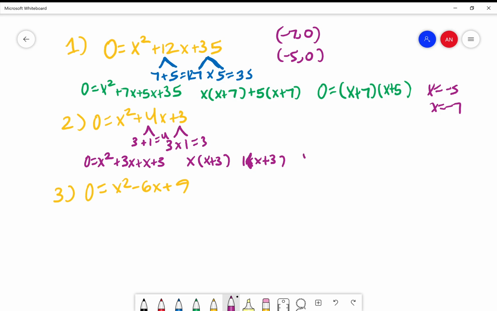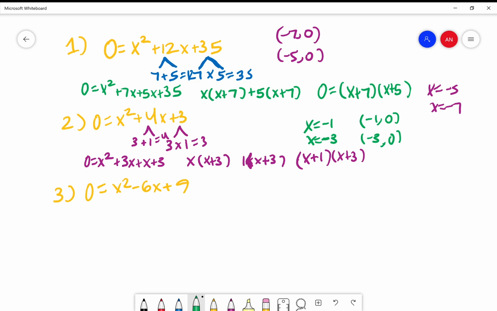Final equation is x plus 1 times x plus 3. Using algebra, we get x is equal to minus 1, x is equal to minus 3. And then on the graph, that would be minus 1, 0, and minus 3, 0. Those are our roots.